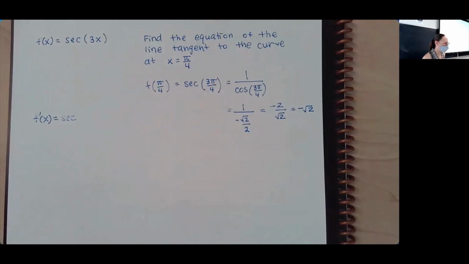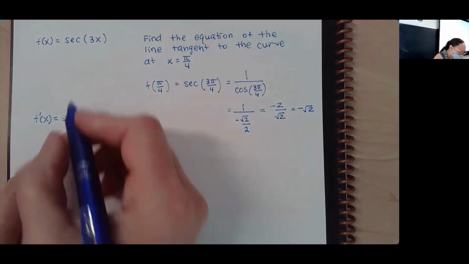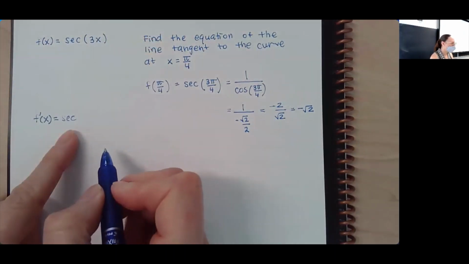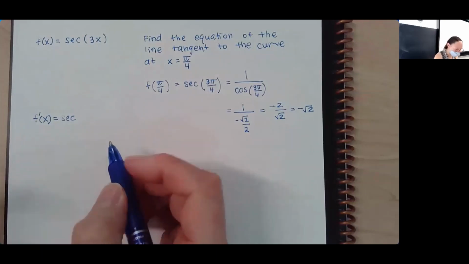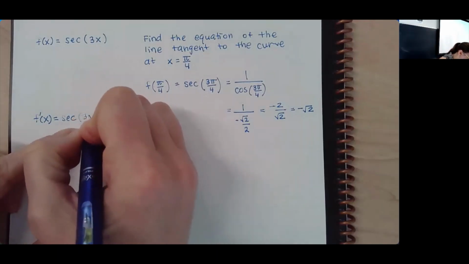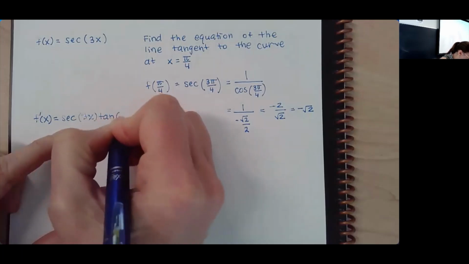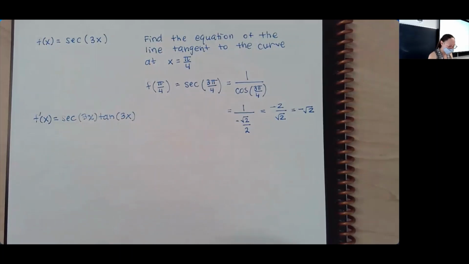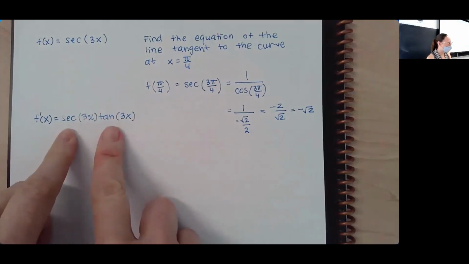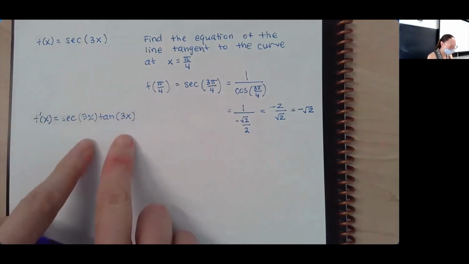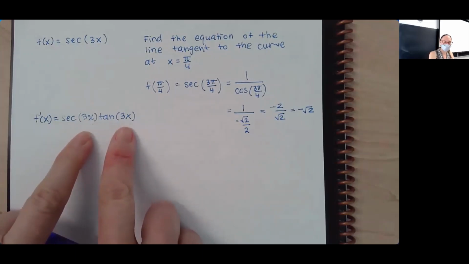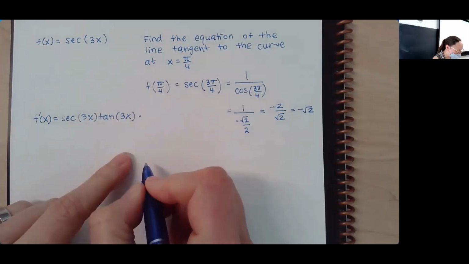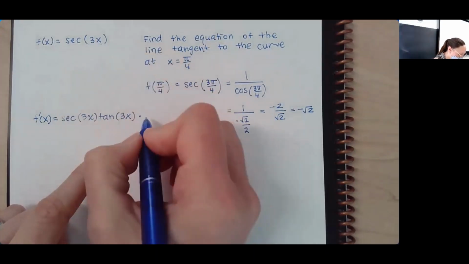Only trig identities can. So the angle inside of this secant right now is 3x. So the derivative of secant of something is secant of that thing times tangent of that thing. And a very, very, very common mistake would be to just write secant of x, tangent of x. But we can't change the argument or the angle that goes inside of a trig function just by doing calculus. Now I need one more piece here, which is the derivative of the inside, which is a 3.